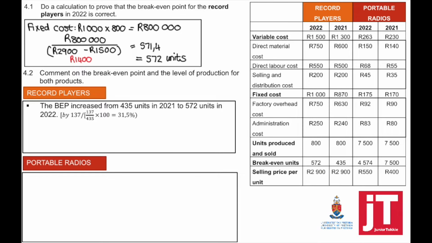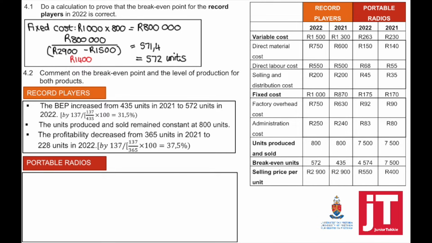In other words, it increased by 137. You can also use percentage by taking 137 divided by 435. If we look at the units produced and sold, it remained the same at 800 units for both years.